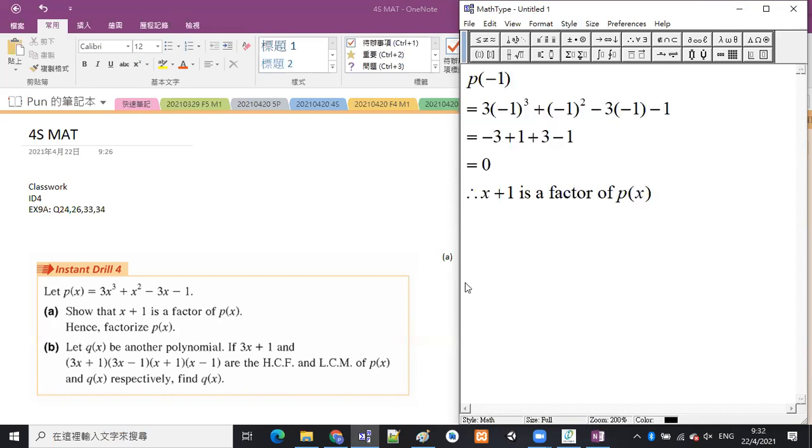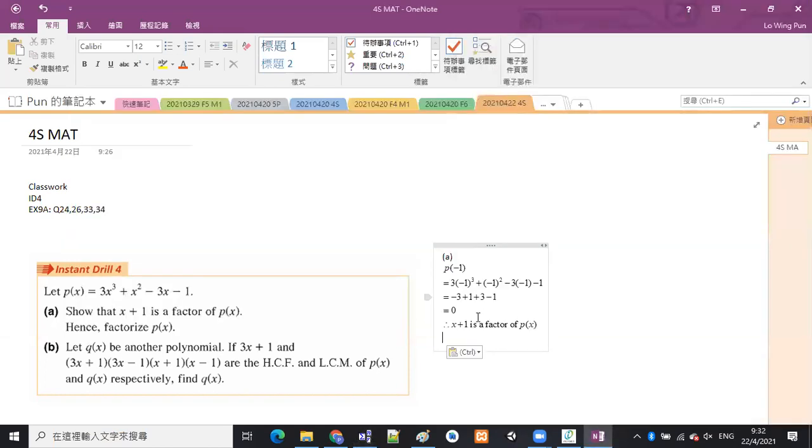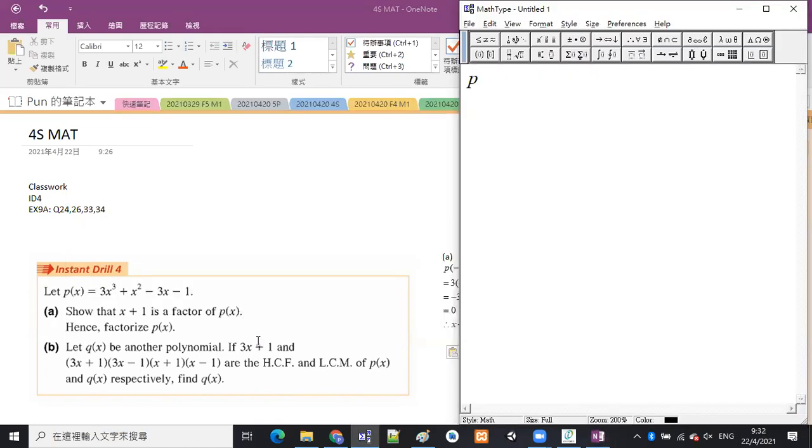That is the first part of the solution of part A. And we also have the hence part: hence, factorize P(x). P(x) is originally equal to 3x cubed plus x squared minus 3x minus 1.